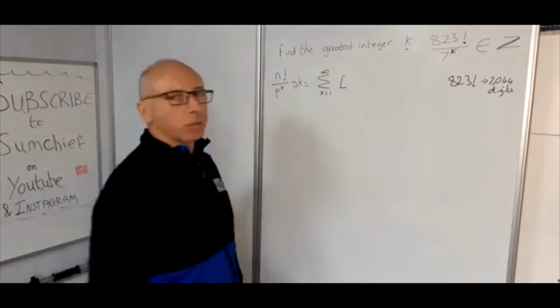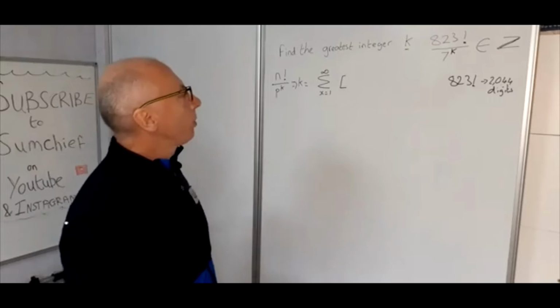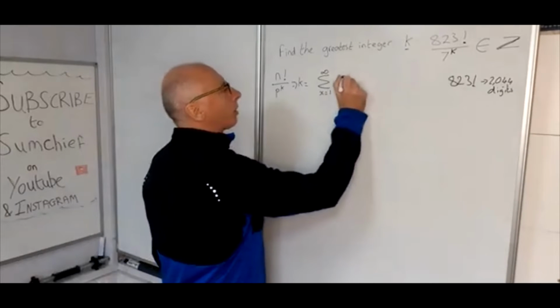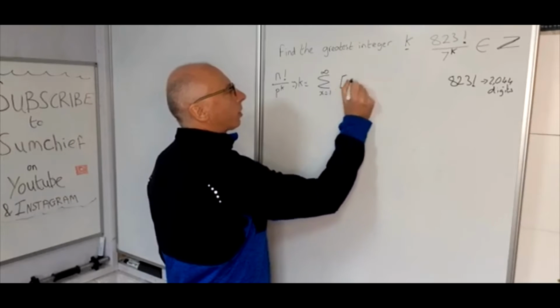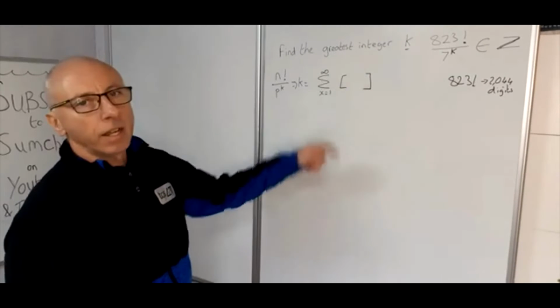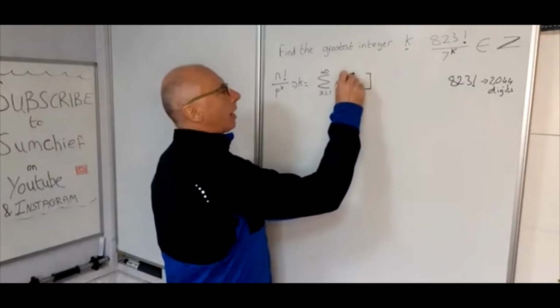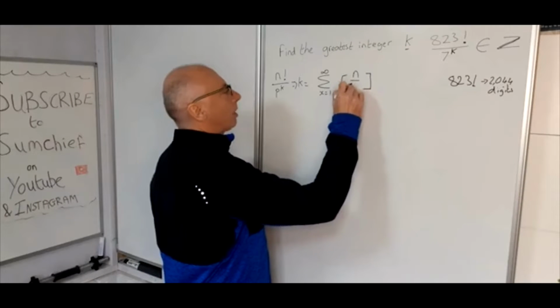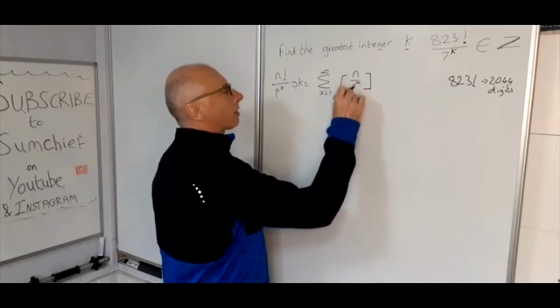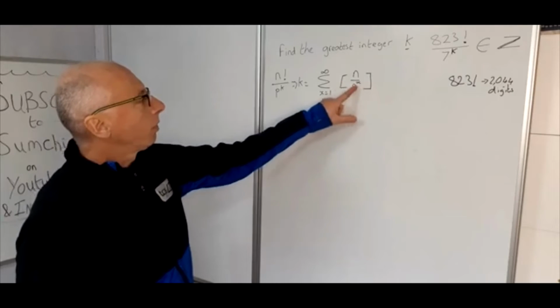This time I'm going to use the greatest integer function. It's going to give us the same result, just different notation. So the greatest integer function is basically 2 square brackets with a number inside, and then we're going to have n divided by p to the x. So you can see what's going to happen here. We're just going to sum them all up over p to the x's.